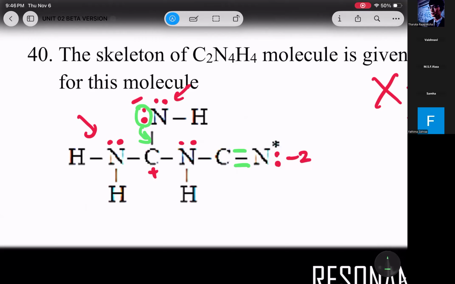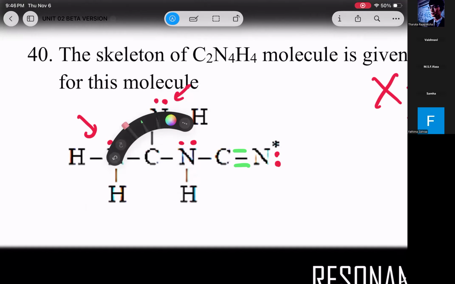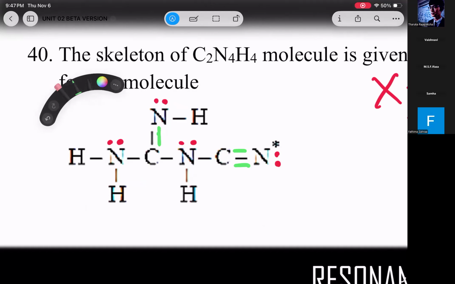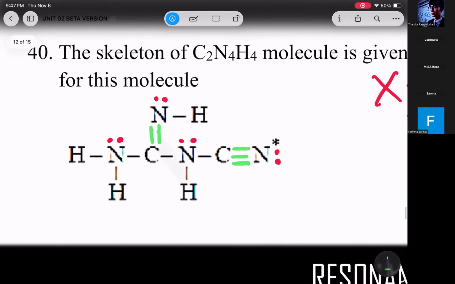Then there's a triple bond now. This minus 2 charge cancels off. And then here also, you can erase this and draw the bond. The charge cancels off. And this will be your structure. So there's a triple bond here. There's a double bond here.